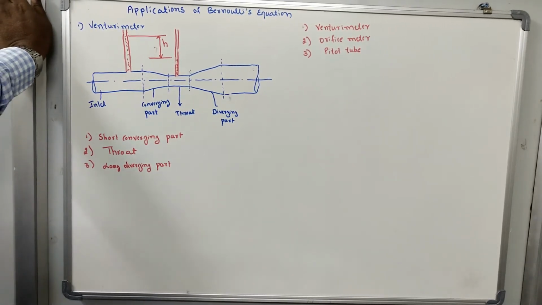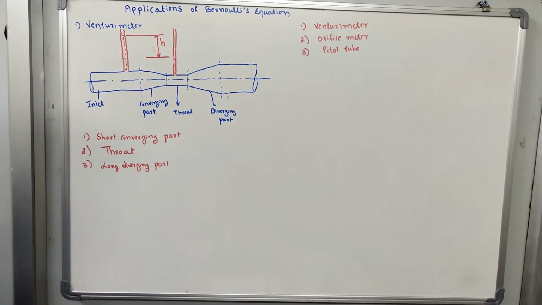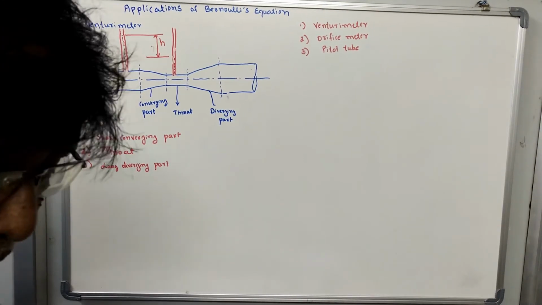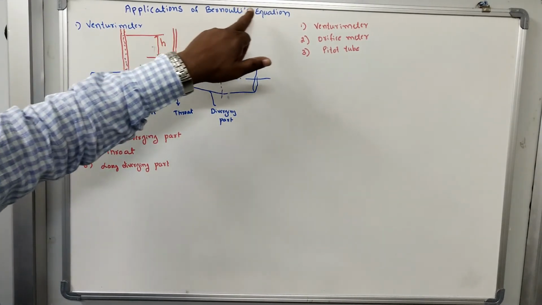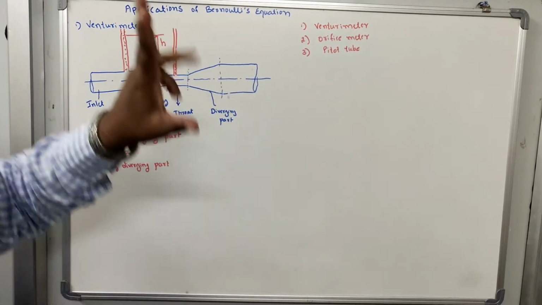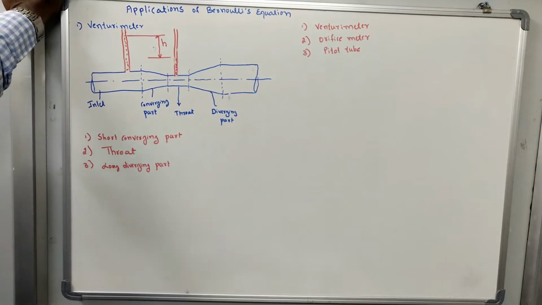Bernoulli's energy equation can be applied to analyze all types of incompressible fluid flow problems. Incompressible fluid means the mass density of that fluid remains constant, and the example for that is water.